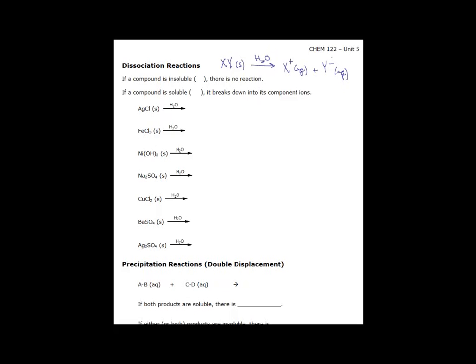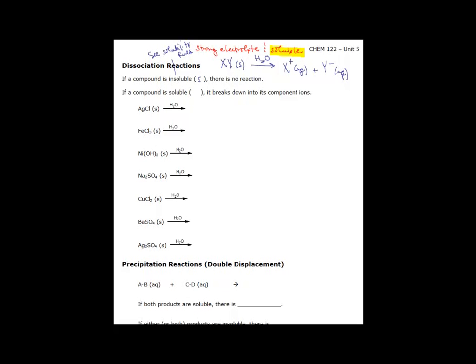So this reaction will hold true if you have a strong electrolyte and it's soluble. So here is where you have to apply the solubility rules. So if a compound is insoluble, according to your rules, see solubility rules, then there's no reaction.